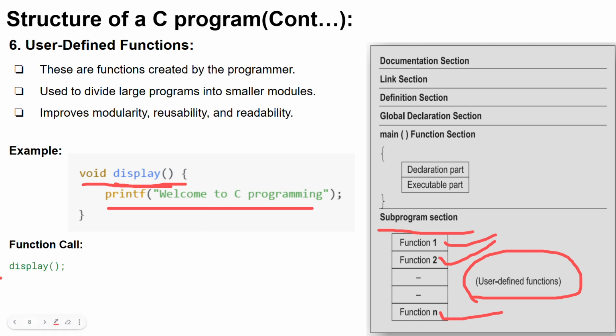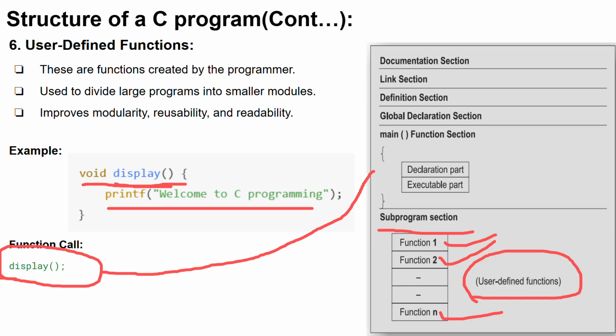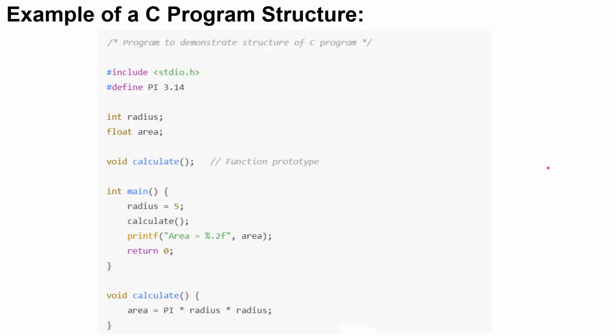We'll call display open braces semicolon in the main program, such that it calls the subprogram. So whatever output it gives will be executed in the main function. We will understand this in detail with the help of this example.